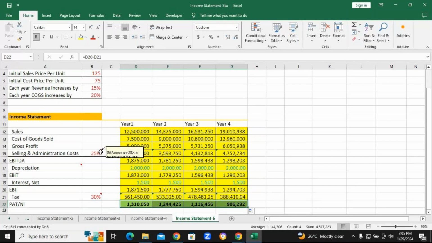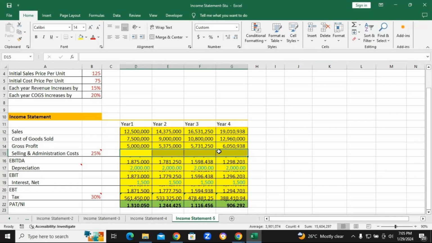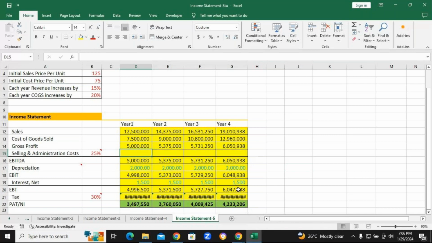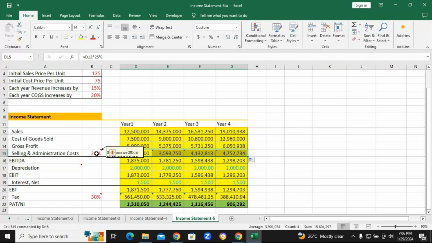So I will write equals sales, that is the revenue, into 25%. Enter, and I drag the same towards my right. Whatever the revenue at the beginning of the year, based on it the selling and administration cost will be applied at 25%.